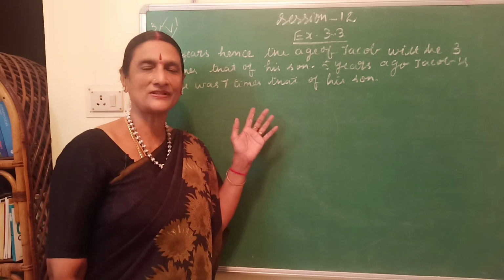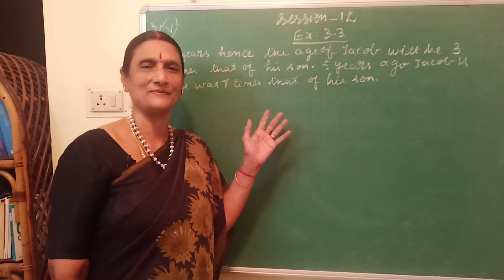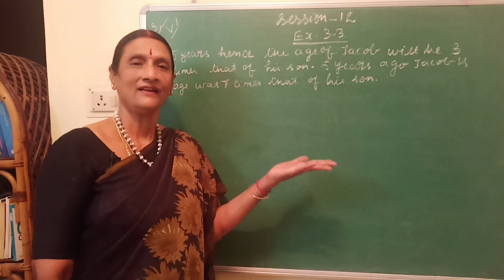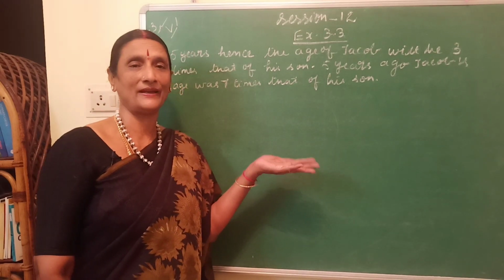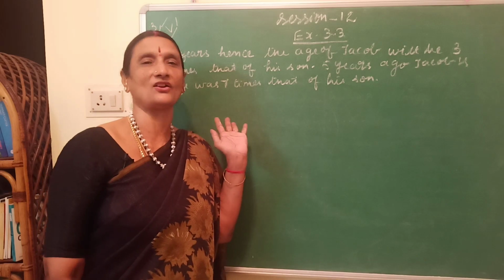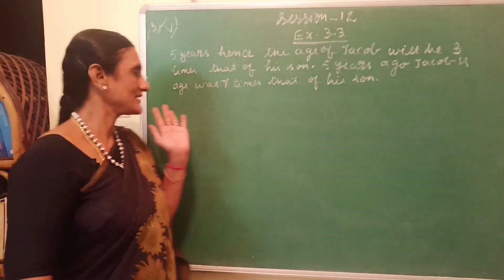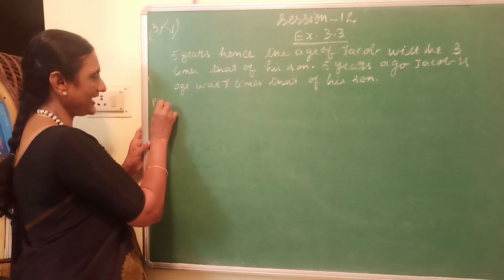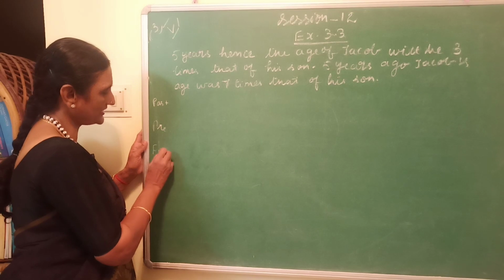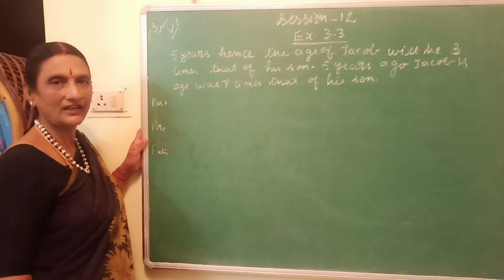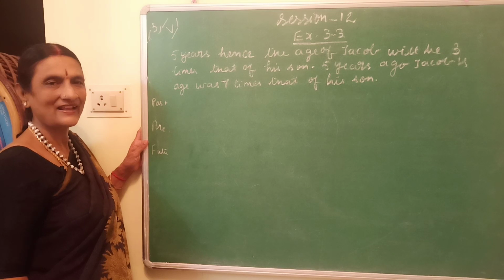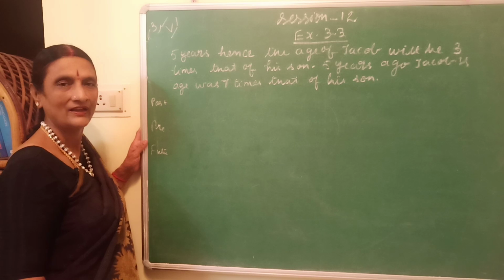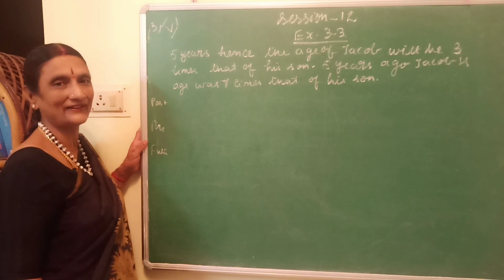Shall we proceed? So whenever you come across such age sums, there is a present age which we have to compare, there is a past age which we have to compare, and there is a future age that also has to be compared. Is it clear? So we can have 3 columns like this. Whom are we comparing? We are comparing the ages of a father and son. Who is going to be elder? Father will be elder.